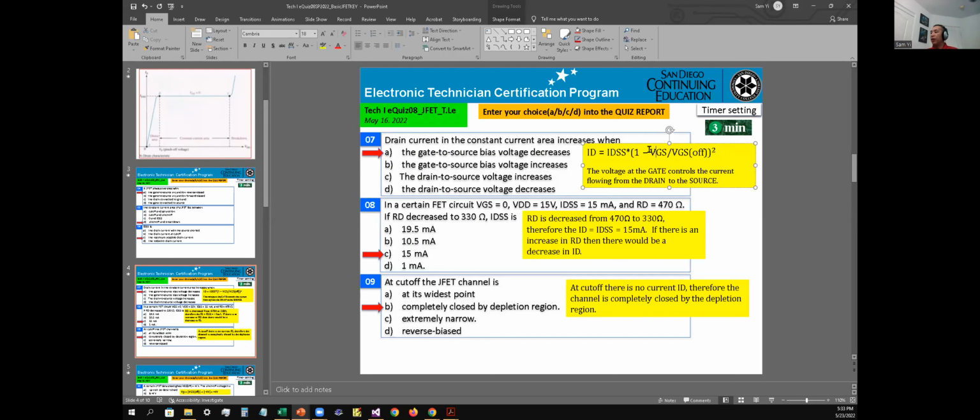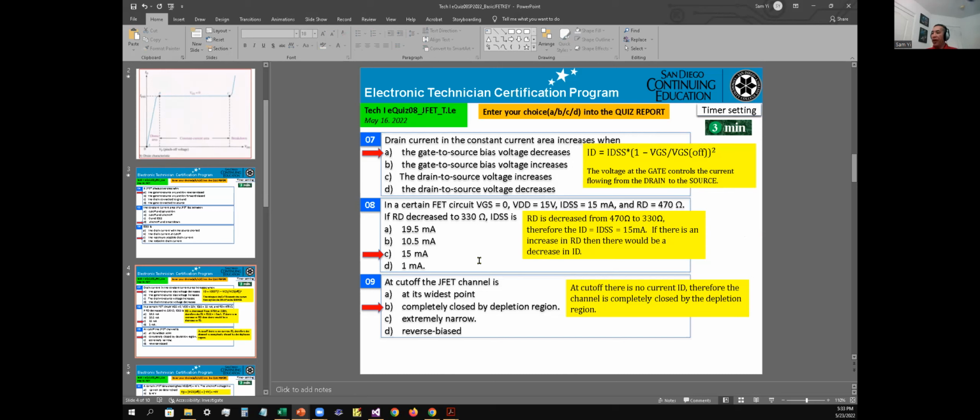If you keep decreasing VGS, you will hit the maximum amount of current, which would be IDSS. It's going to get smaller and smaller, and eventually you hit the maximum.